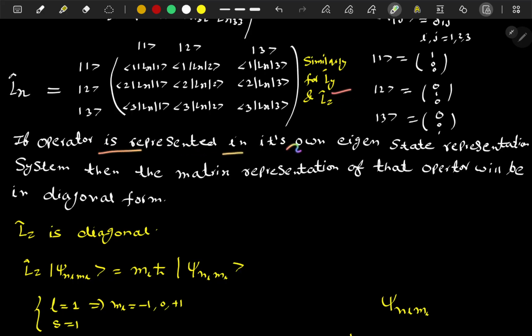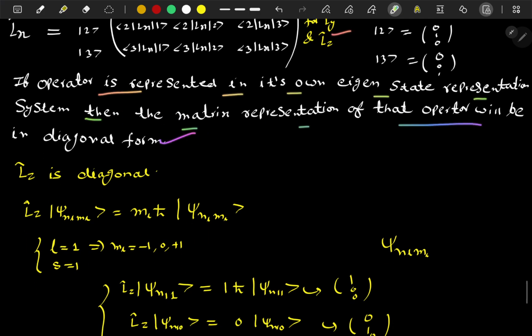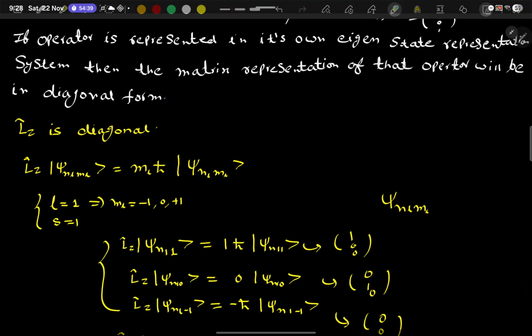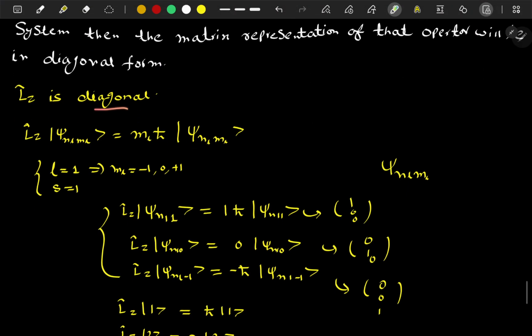If an operator is presented in its own eigenstate representation, then the matrix representation of that operator will be in diagonal form. Now L cap Z is diagonal, so it will be very easy for L cap Z. L cap Z acting on psi n l ml gives ml h cross psi n l ml. We know the angular momentum in the Z direction is ml h cross.